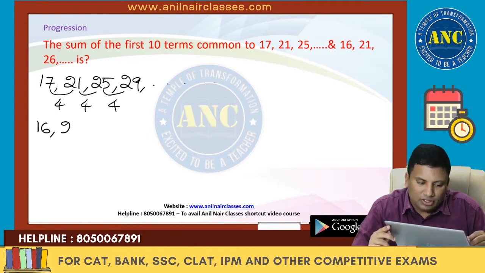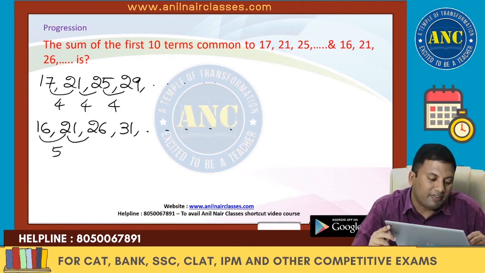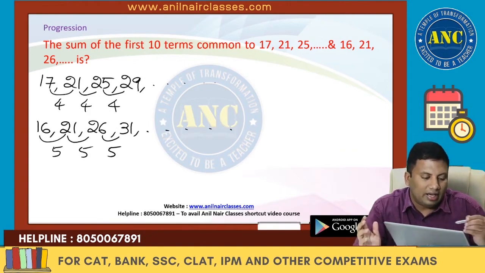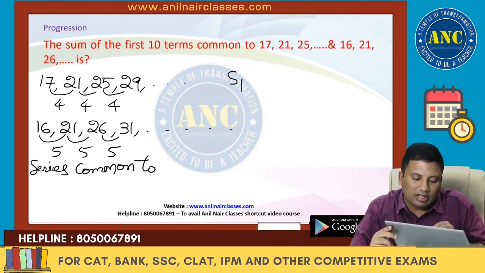Next one, 16, 21, 26, 31 and so on. Every time there is a difference of 5. I need to get the series common to the above series. Let me call these series S1 and S2.